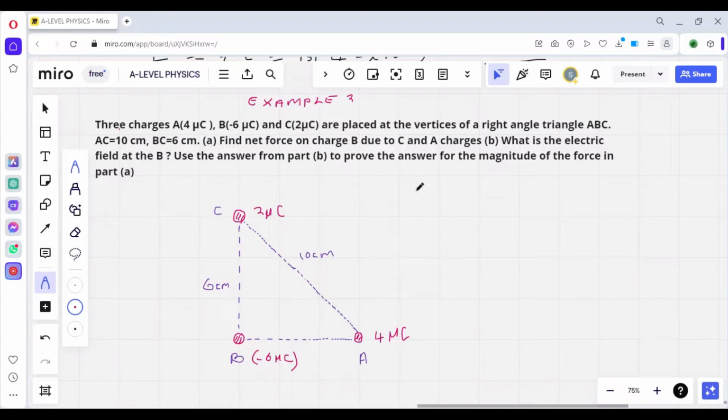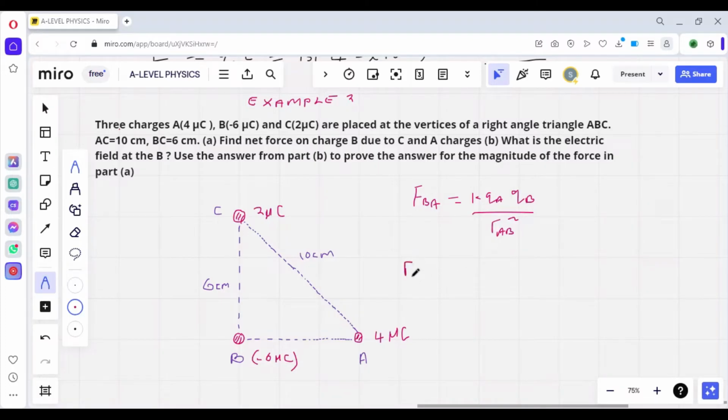So, number one, the force experienced by the charge at B due to the charge at point A. That will be K, charge A and charge B over the square distance AB squared. Now, do we have AB?